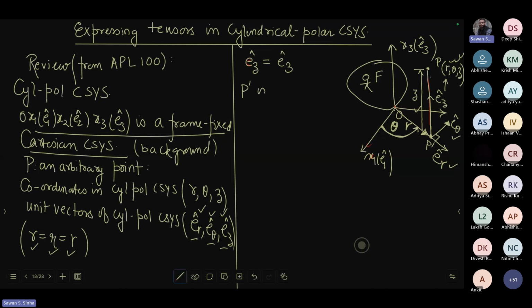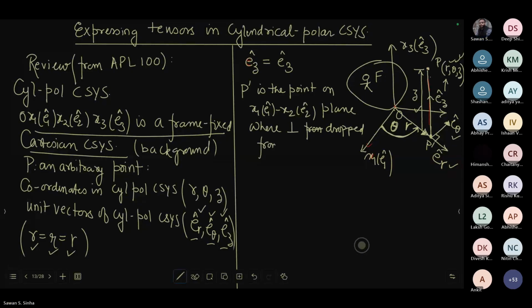P prime is the point on the x1 e1, x2 e2 plane where the perpendicular dropped from P meets the plane, right?